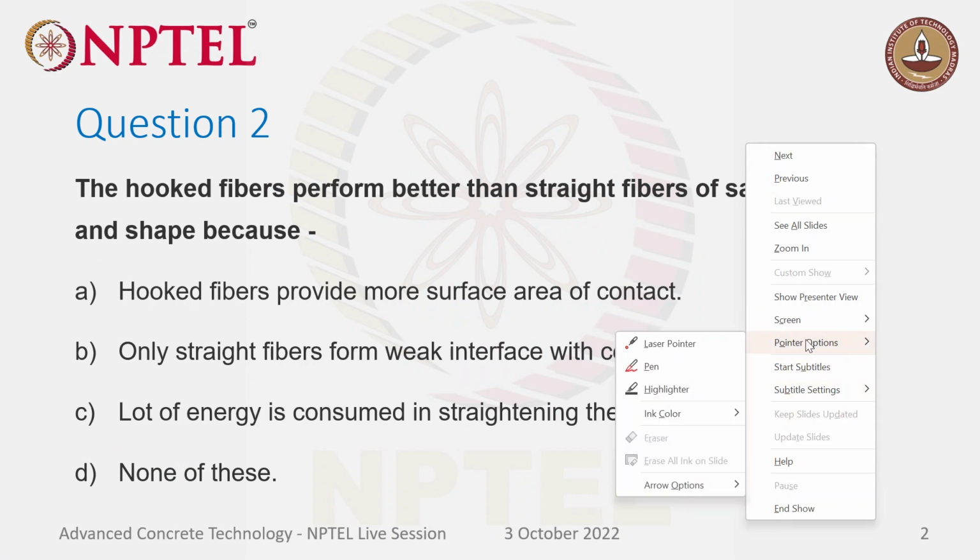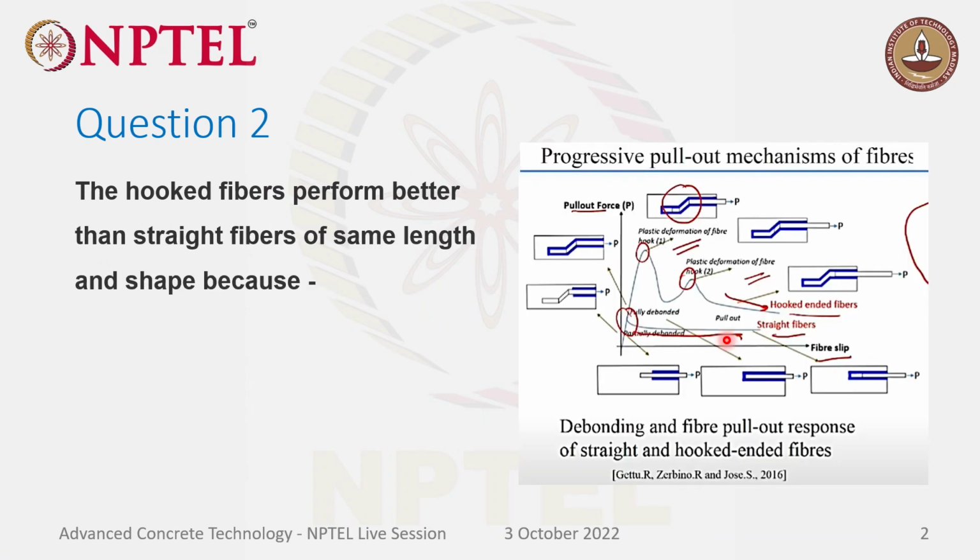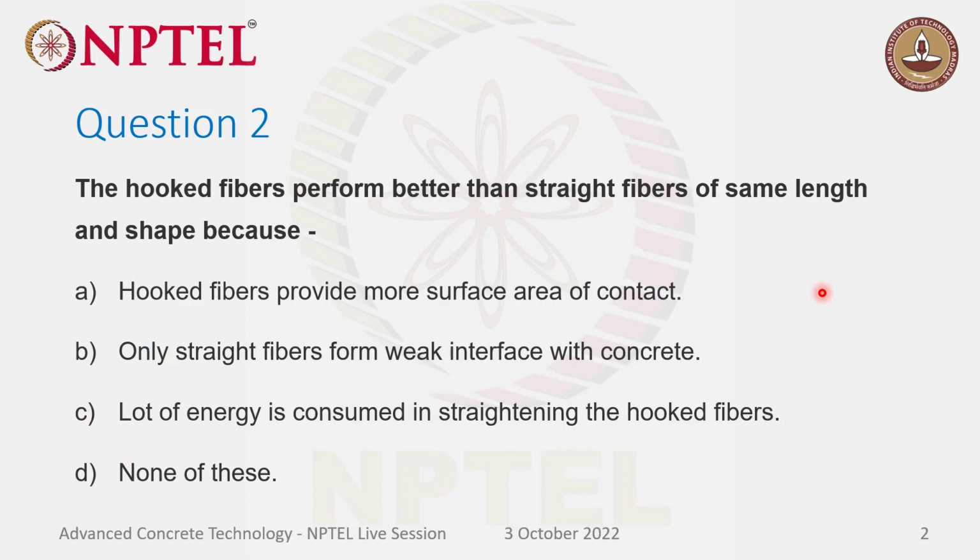Sir has clearly explained with the diagram that for hooped fibers, there will be plastic deformation of the fiber hoop, particularly the curved, bent portion. It will tend to straighten when we pull out the fiber. So the way hooked fibers behave is that in straightening the hooked fiber, a lot of energy is consumed.